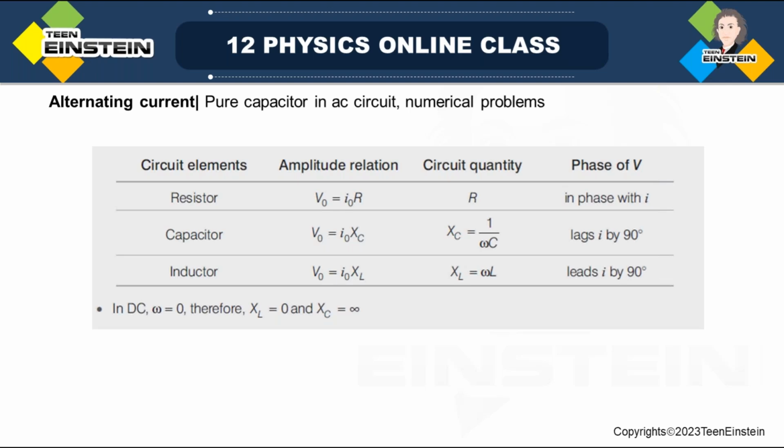Whatever we have learned, like resistor, capacitor, inductor, all three components, what are the voltage drops across them, the peak value of the voltage drop, what are the values of resistance or reactances, and in which cases how much phase difference is there between current and voltage.